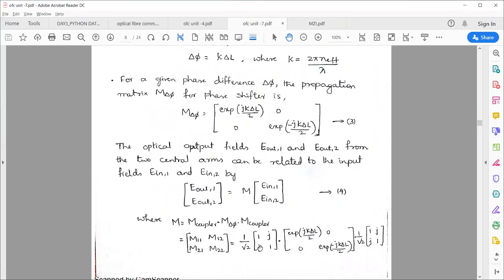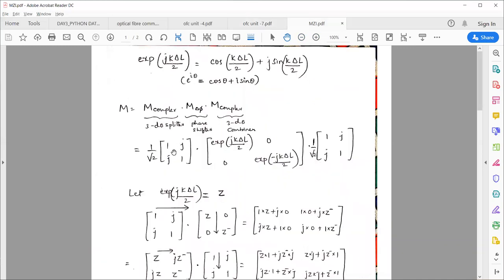So you can just substitute these propagation matrices of the couplers and phase shifters and start multiplying using the matrix multiplication method. You can see we have M of coupler, M of delta phi, that is the phase shifter, and the propagation matrix of the combiner.